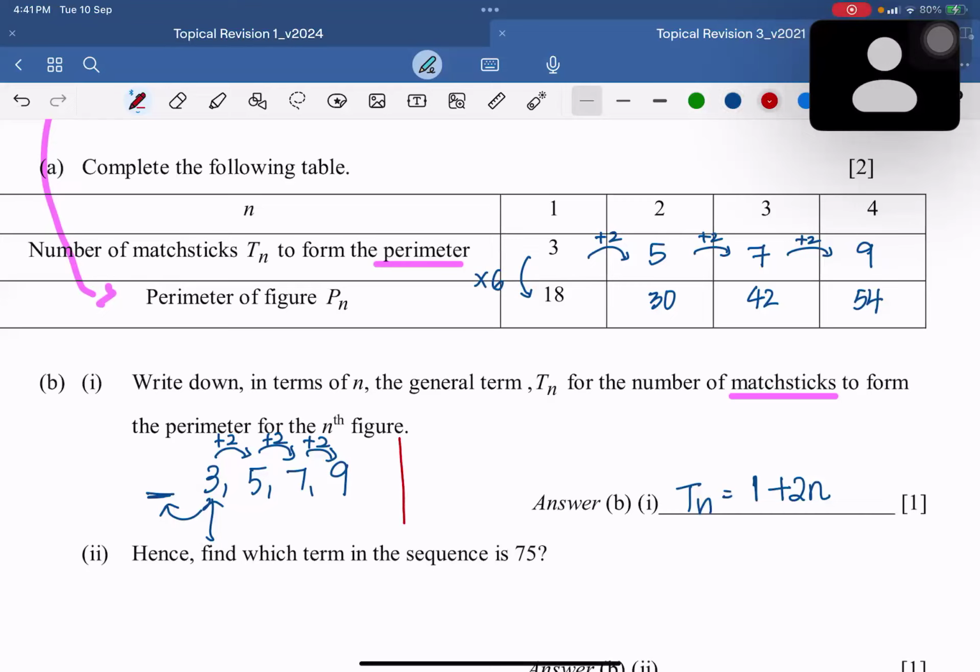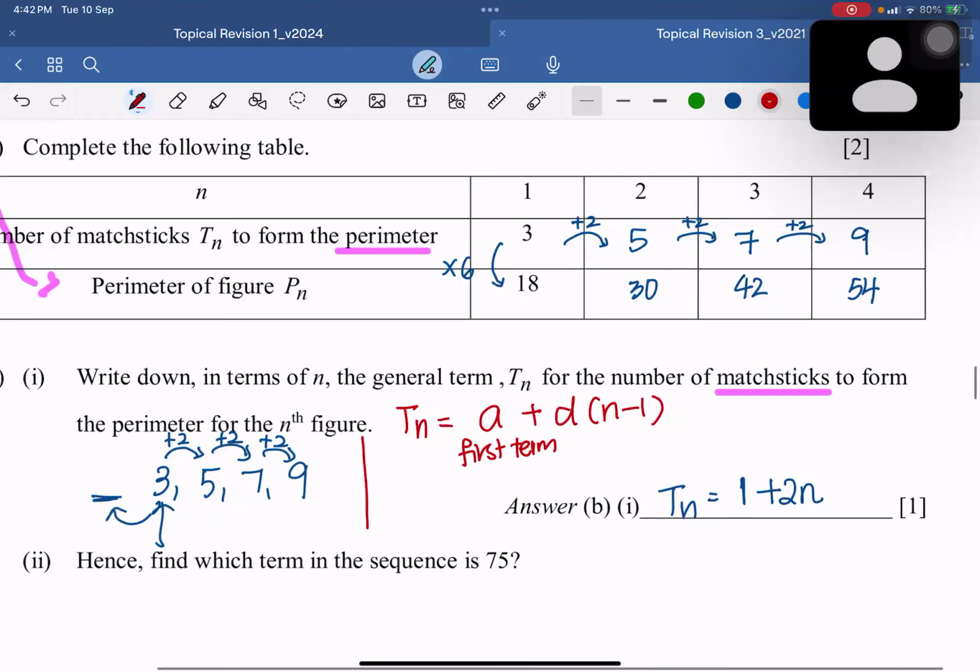By using observation, you observe the plus, plus, plus. If it's minus, then it would be minus something n. Then you find the term before, term 0. Method number 2: a term in general can be found by a + d(n - 1). This is slightly longer in terms of algebra. a stands for the first term, which in this case is 3.